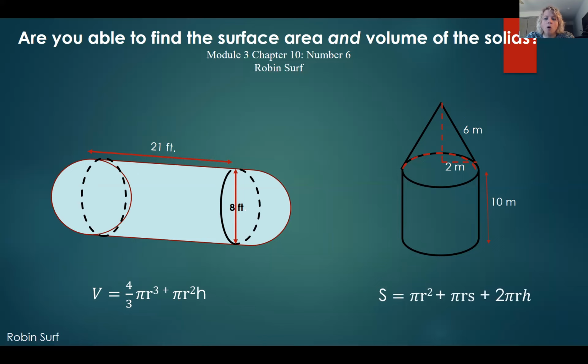All right, so r is equal to the radius, s is equal to the slant length, h is equal to the height of the cylinder. So input all of the necessary values and you should receive a surface area of approximately 175.84 meters squared. The volume is given by this equation here.